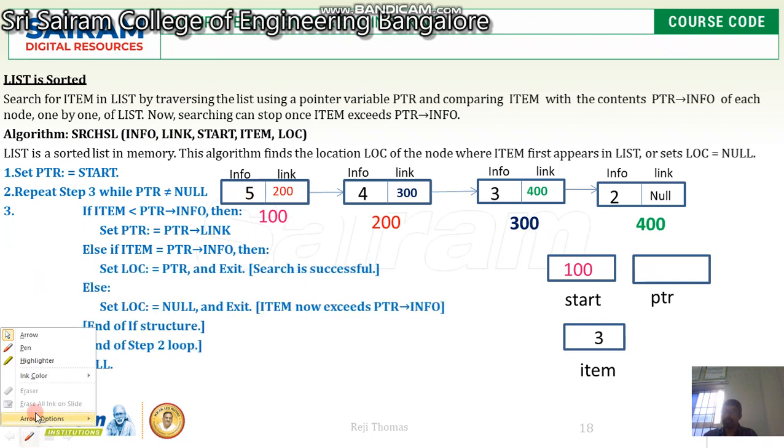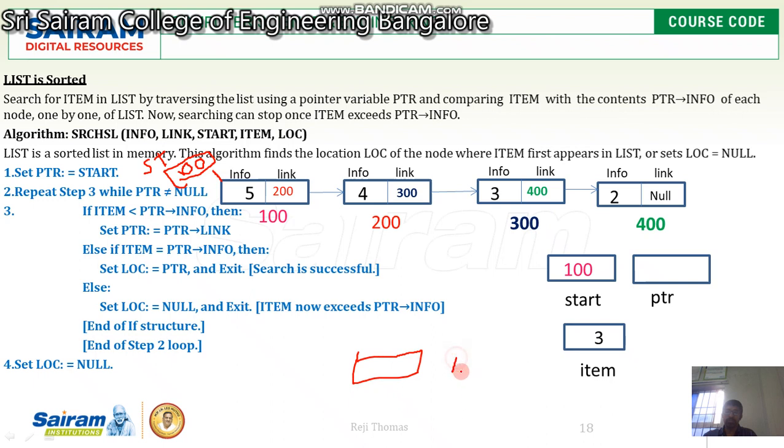So what we are going to do is take the first one. This is what we call start. I'll just write it as start, and it gets the address of the first node. And we have to take another variable called LOC.